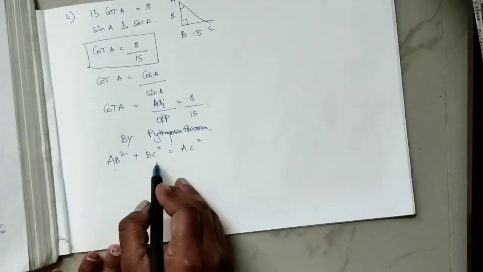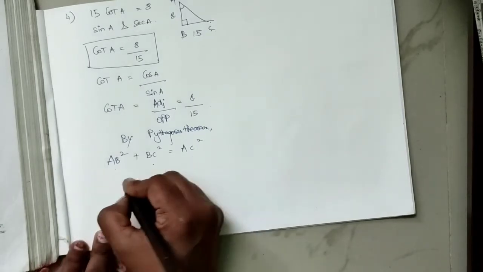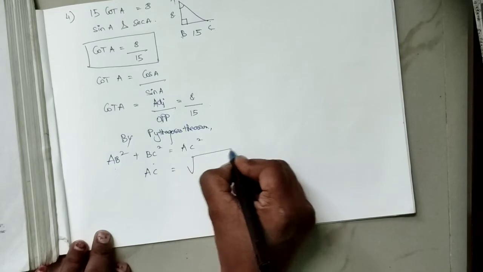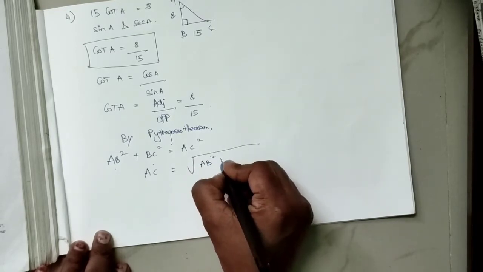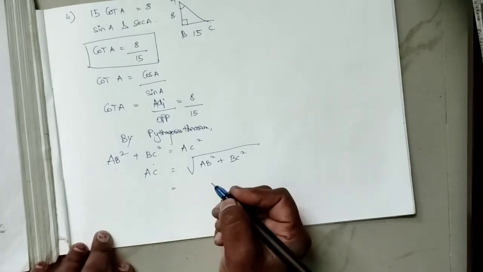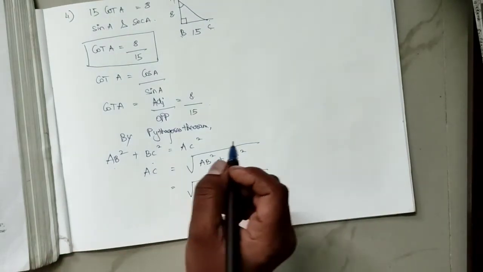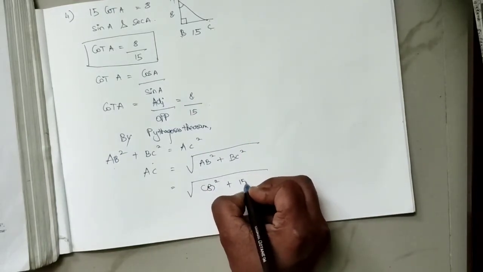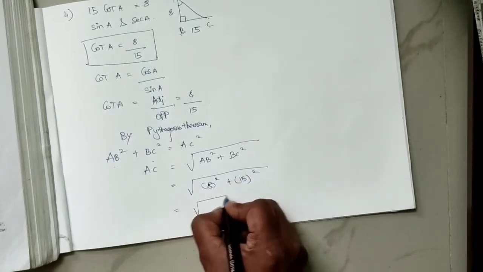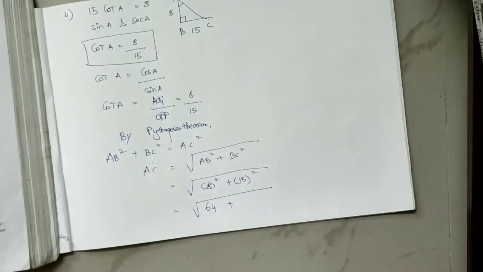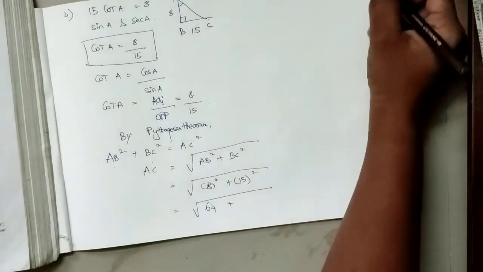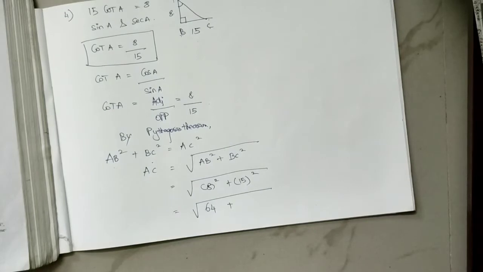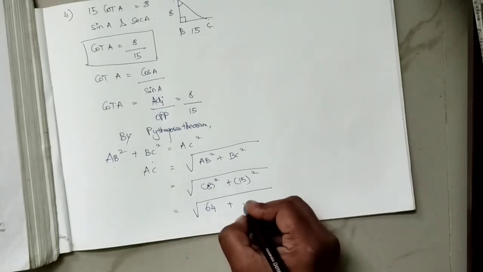Now what we have is AB and BC. We don't have AC. So AC equals root of AB square plus BC square, which equals root of 8 square plus 15 square, which is equal to root of 289.